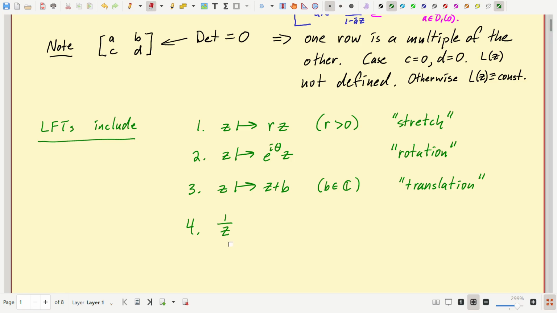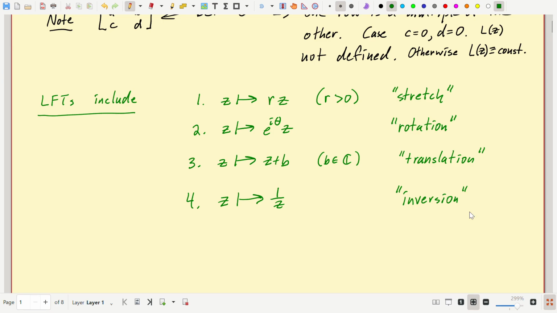So, z goes to 1 over z. This would happen if a is equal to 0, b equals 1, c is equal to 1, and d is equal to 0. That gives you the inversion.